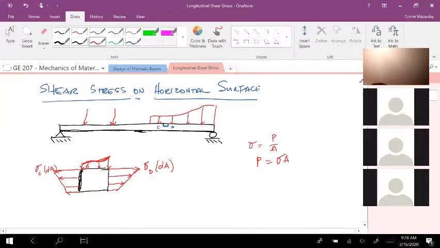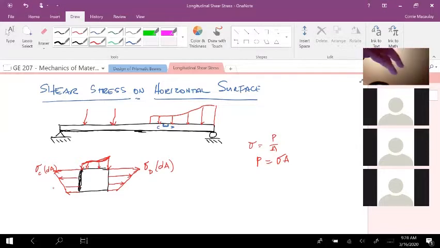I know I have this acting at the top. I know I have this force acting this way on the right side and on the left side. But if you think about those forces acting on the left and right of that beam, at the top it's larger, at the bottom it's getting smaller as I go into the beam to that neutral axis where it could be zero, for example.